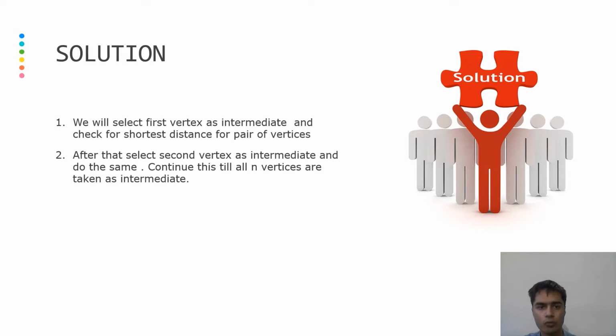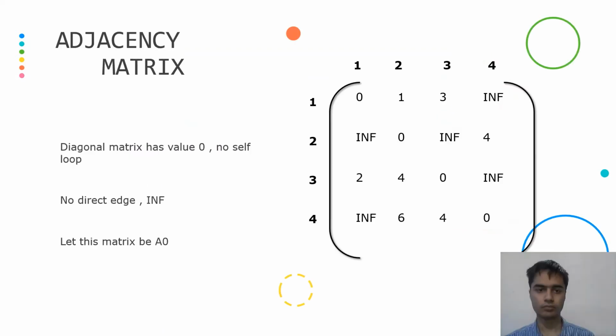So the approach will be to first select the vertex as an intermediate and then check for the shortest distance for pair of vertices. And then after that select the second vertex as an intermediate and do the same. Continue this till all the n vertices are taken as intermediate and shortest distance will be calculated.